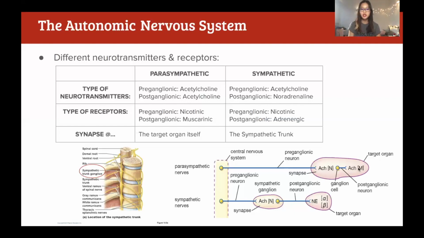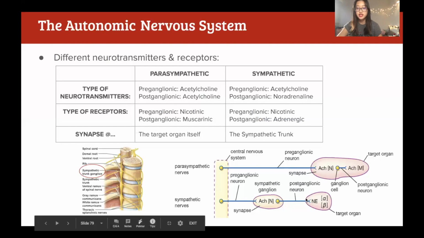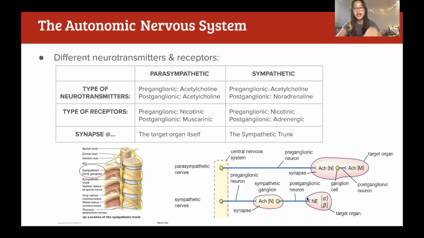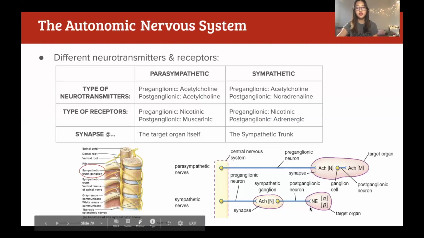It's still using acetylcholine, except that instead of being nicotinic, it's now muscarinic. But for sympathetic, as you can guess, we're going to be using adrenaline, noradrenaline, right? And simply put, the receptor for that is adrenergic. So it's the adrenaline binding to the adrenergic receptor on the surface of the target organ itself.